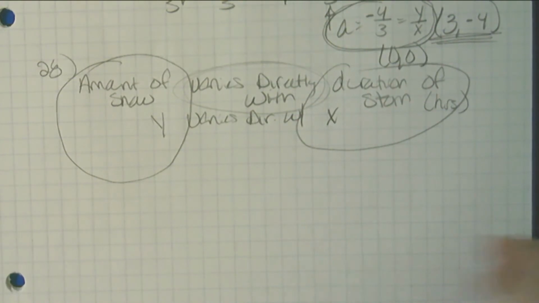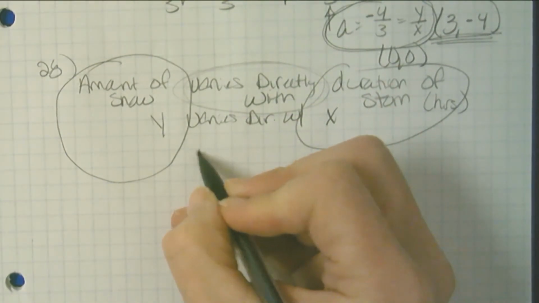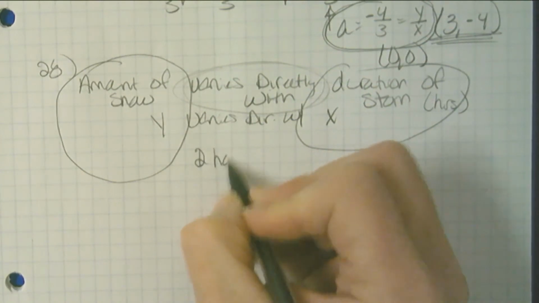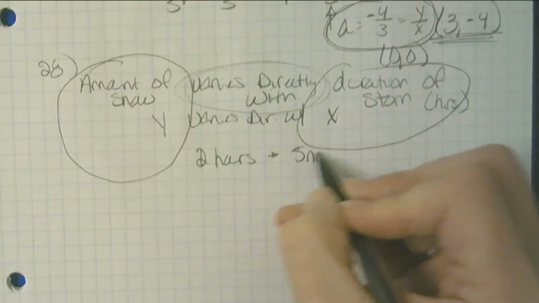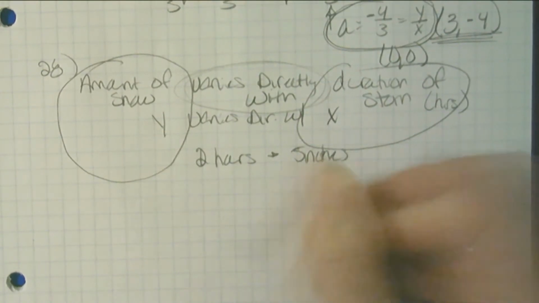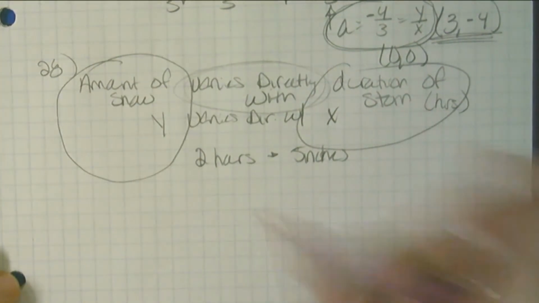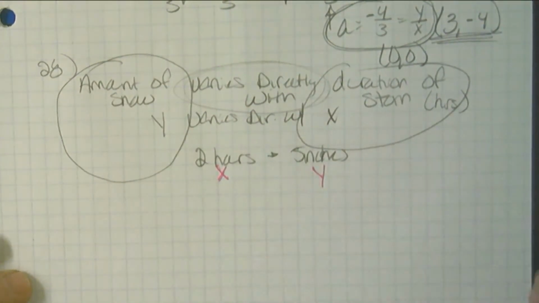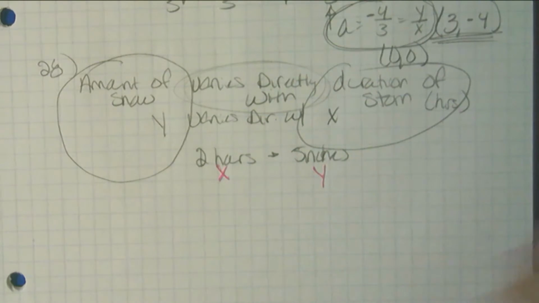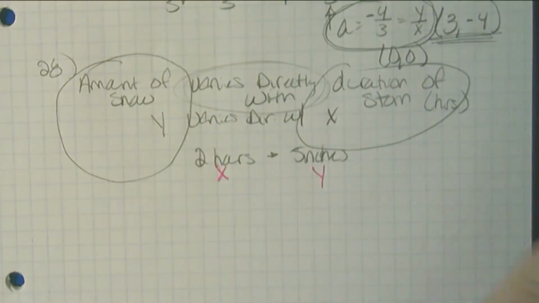And then it tells us that in the first 2 hours, so after 2 hours, there are 5 inches. Well, my duration of my storm is my X. My amount of snow that fell is my Y. So there is my one coordinate point that I need. And it says, write a direct variation equation, how much snow fell in 6 hours.